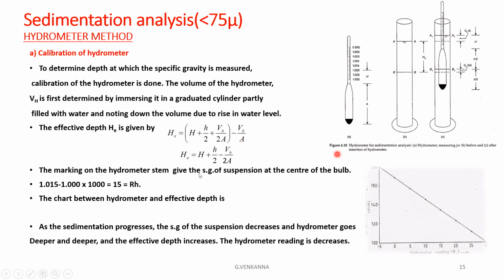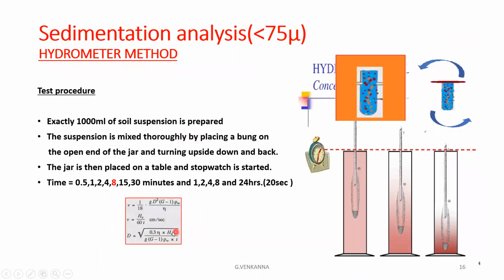By adding all these parameters, we get the effective height, the water level at the stem of the hydrometer. We also get the time: whatever time interval we take, we substitute the same time interval, and automatically we get the particle size in this method also.